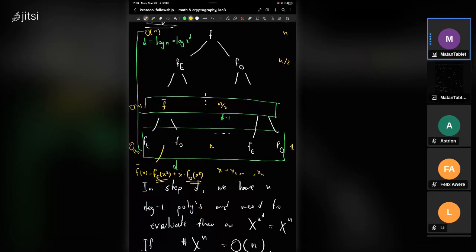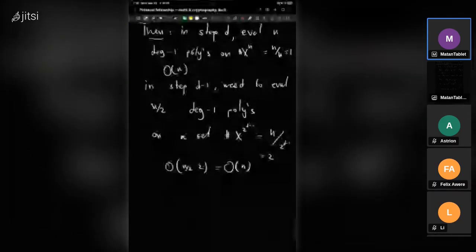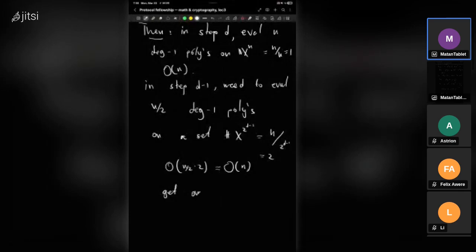And so it will also take O of n to evaluate f on all the sampling set. Since the height of the tree is log n, I get overall complexity O of n log n.